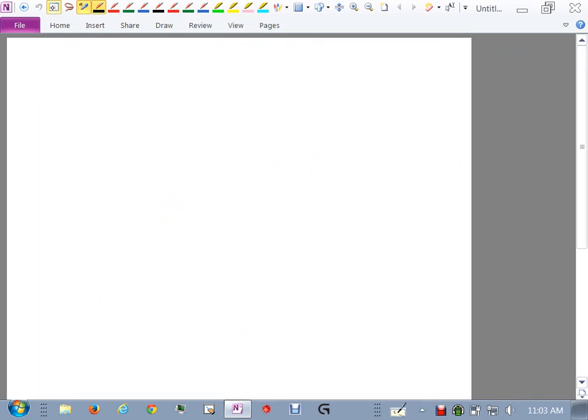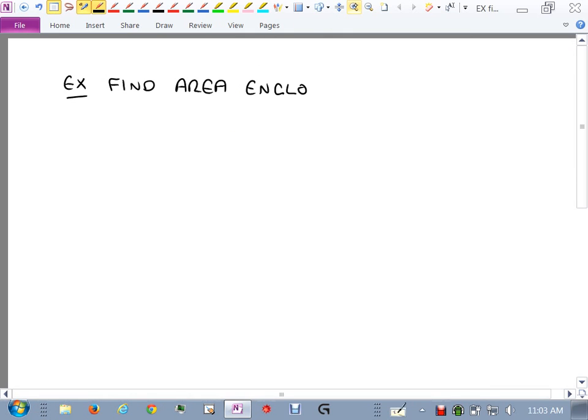So let's take a look at something like, find the area enclosed by x equals y to the fourth, and y equals square root 2 minus x, and then y equals 0.